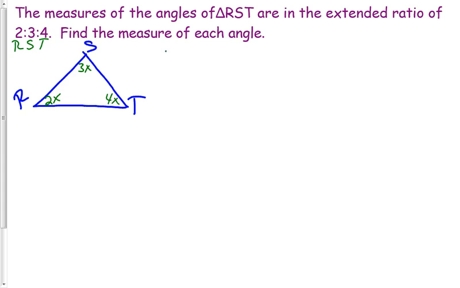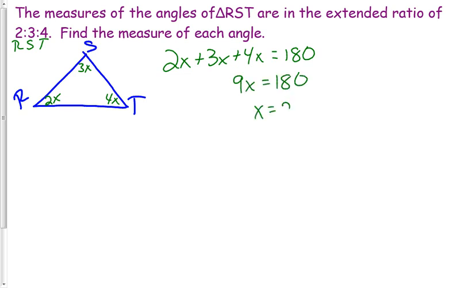And so same thing, 2x plus 3x plus 4x. Those are the three angles of a triangle. We know that they add to be 180. And then we are going to go about and solve. So I combine all my like terms, and x was 20. Now the problem says find the measure of each angle.